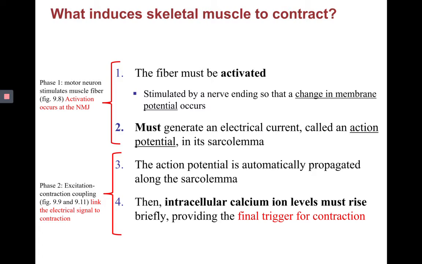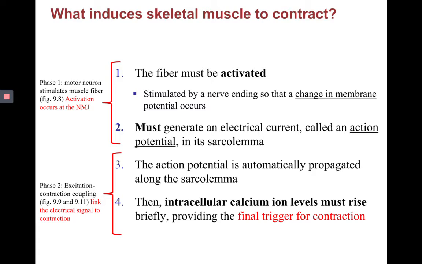So at the neuromuscular junction, it is paramount that the action potential of the axon of the motor neuron jumps to the sarcolemma, specifically at the location where the neuron meets the muscle. That's what we're calling the neuromuscular junction.